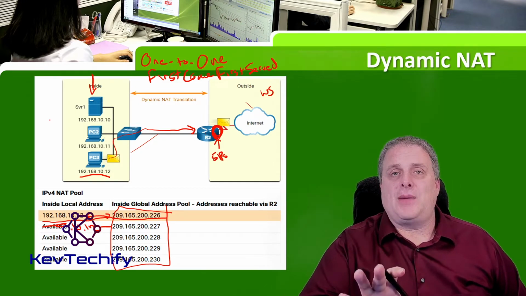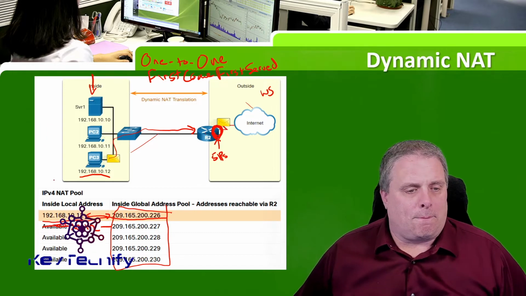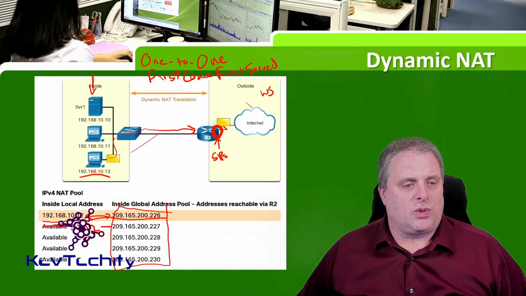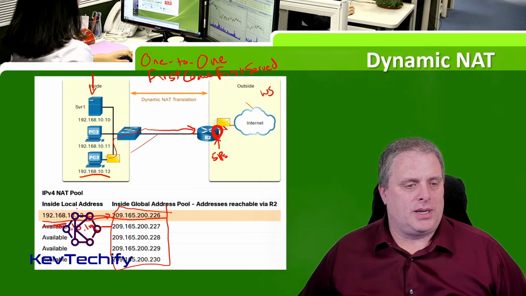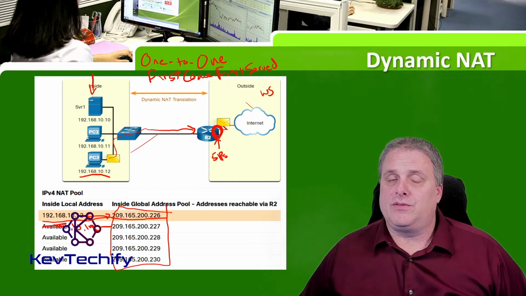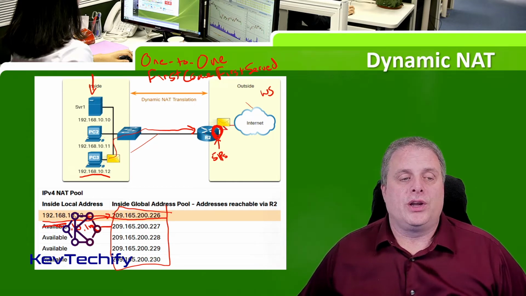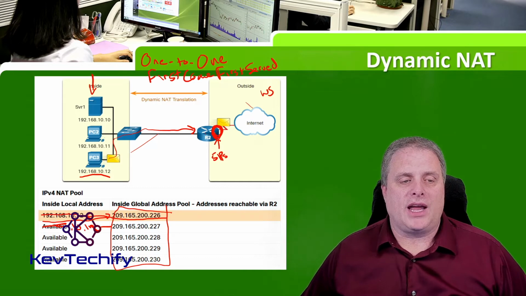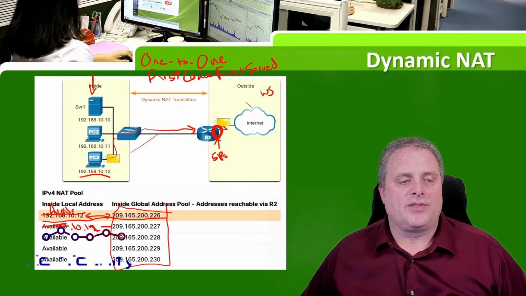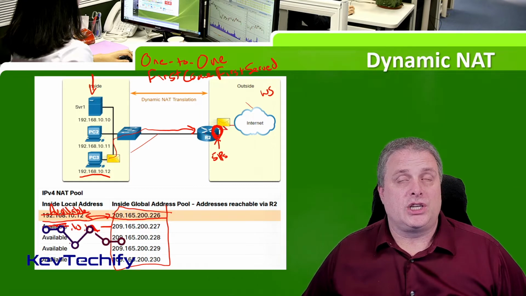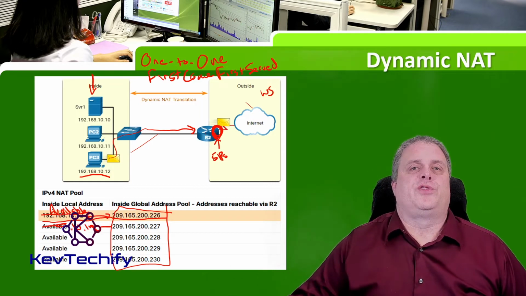Because this is dynamic, if PC12 right here doesn't use that connection for a certain amount of time, it's going to disassociate it in the network address translation table and make this available. And so after a while, if that translation isn't used, it'll become available for somebody else to do it.